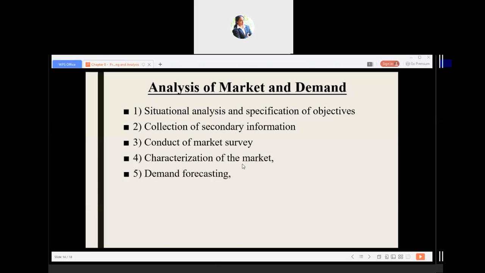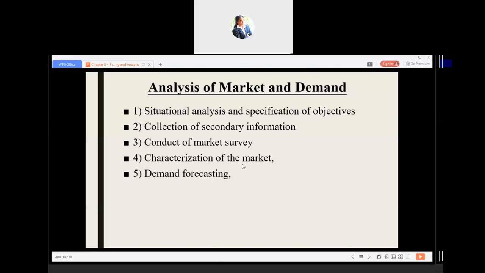Surveys are conducted usually to collect information about the future purchase plans of those buyers who would probably be buying your product, whom we call probable buyers or potential customers.